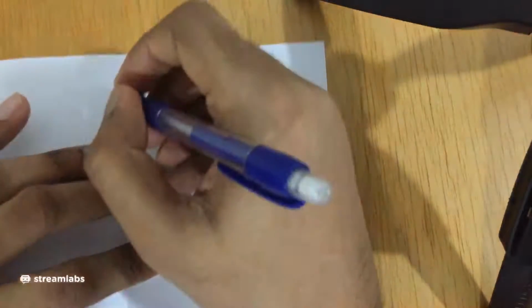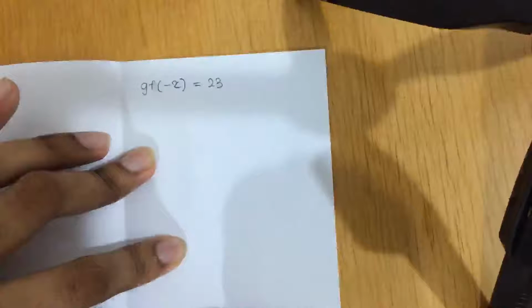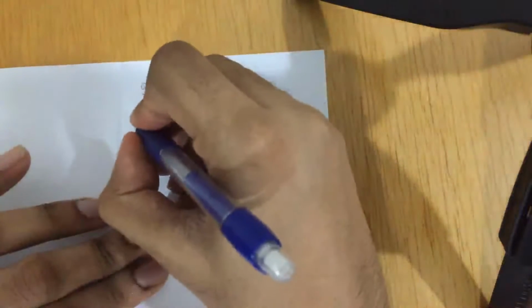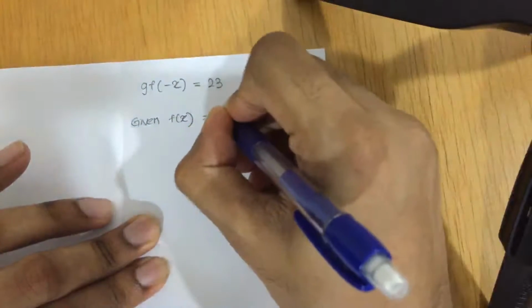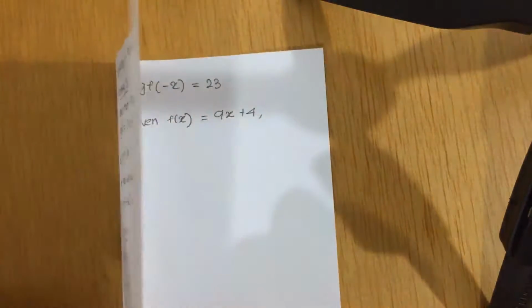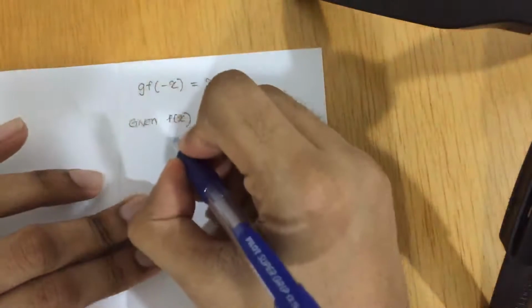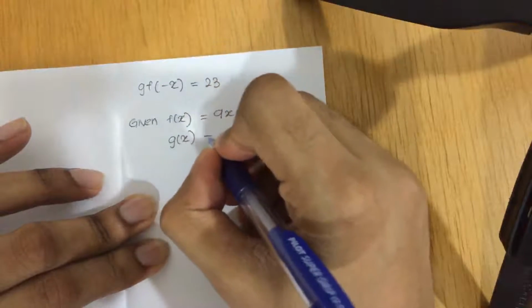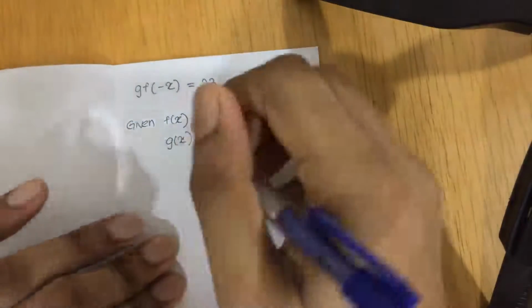Okay, gf(negative x) equals 23. Given f(x) equals 9x plus 4, we write down the respective information, guys, and g(x) equals 3x plus 8.